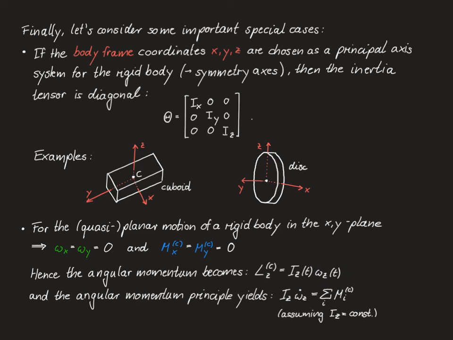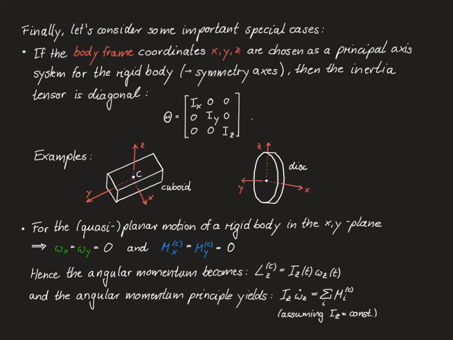And the angular momentum principle in this case yields that Iz times the time derivative of the angular velocity is equal to the sum of all moments acting on the rigid body with respect to the reference point C, where we have assumed that the moment of inertia Iz is constant.